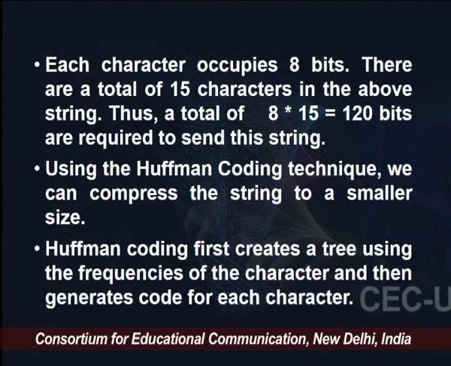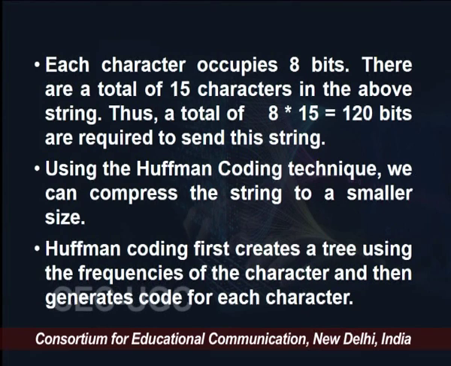So, 15 multiplied by 8, this whole string is going to require 120 bits if we want to send it over a network. Can we reduce the size of this string without losing any information? Yes, this can be done using the Huffman coding technique. We can compress the string to a much smaller size than the present size, which is 120 bits.